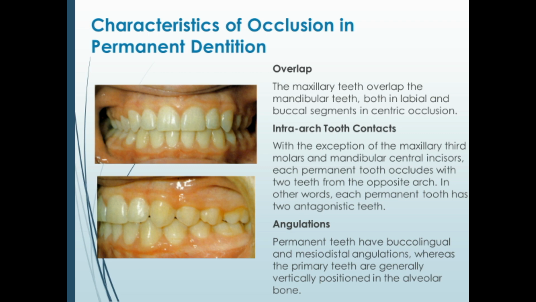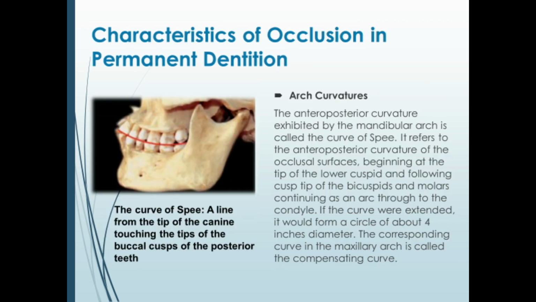Angulations: permanent teeth have buccolingual and mesiodistal angulations, whereas the primary teeth are generally vertically positioned in the alveolar bone. Arch curvatures: the anterior-posterior curvature exhibited by the mandibular arch is called the curve of Spee.